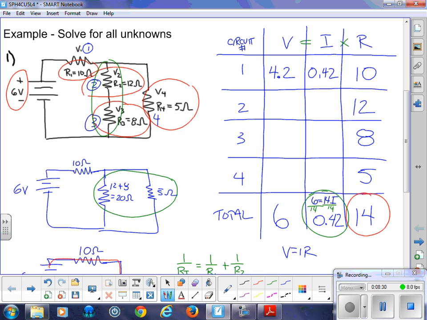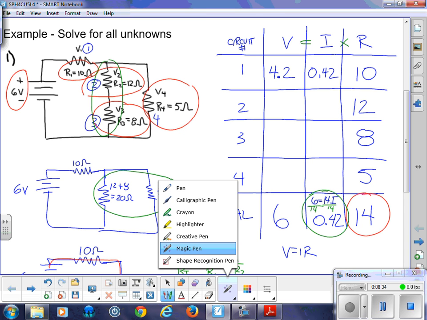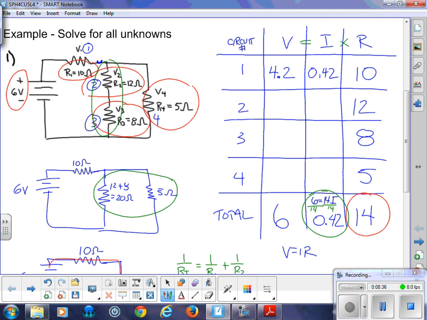Okay? Now, over here again, looking at the circuit. So right now I'm at this junction point right here. I want to get to this junction point right here. I have two options. I can go this way on the outside, or I can go through the shortcut. So those are the two options we have.